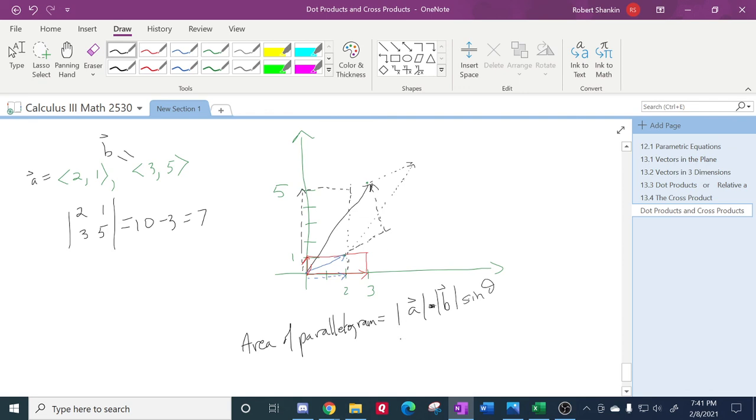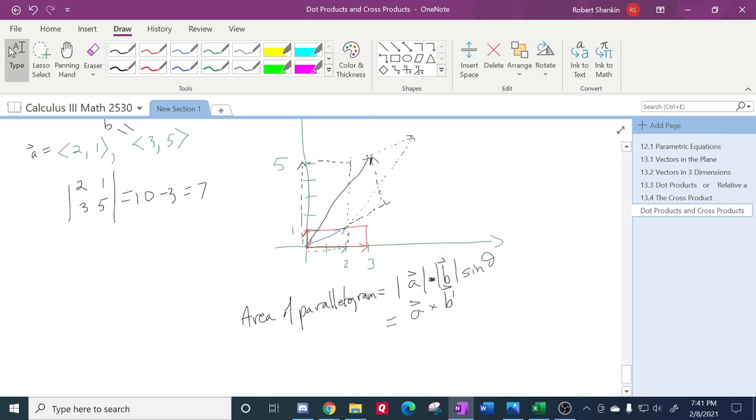But what we also see is this is the A cross B, the shortcut. For the A cross B, we would have to make these into three-dimensional vectors, putting a 0 as the 3-space coordinate.